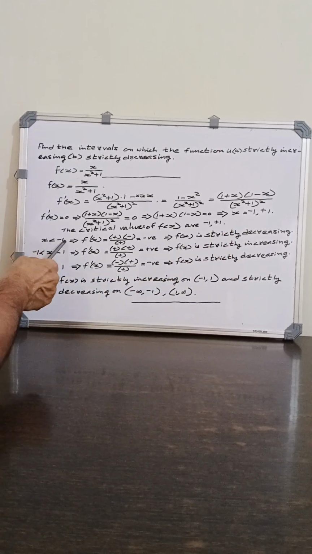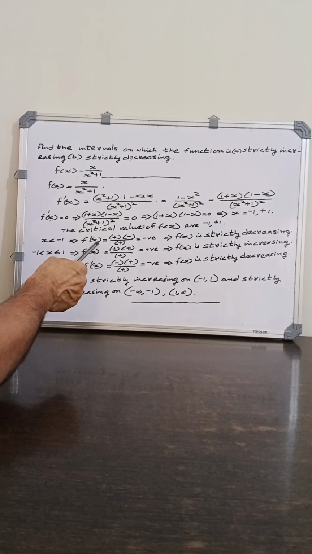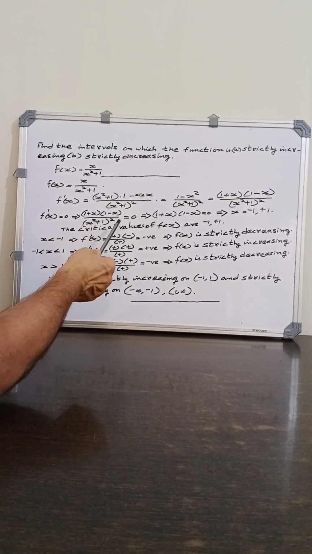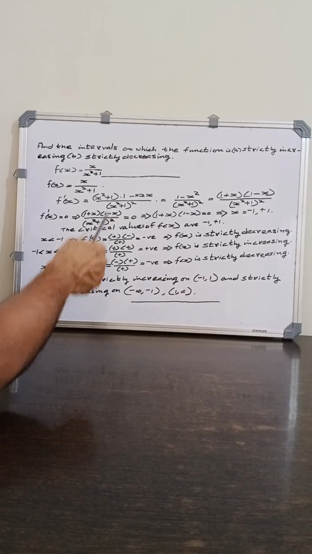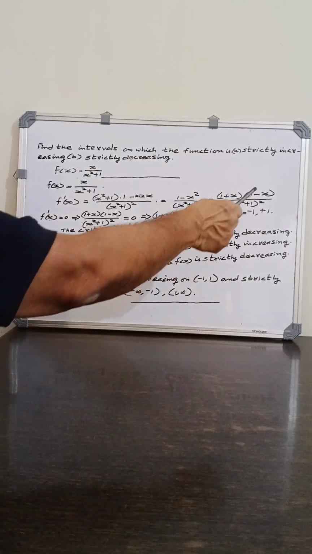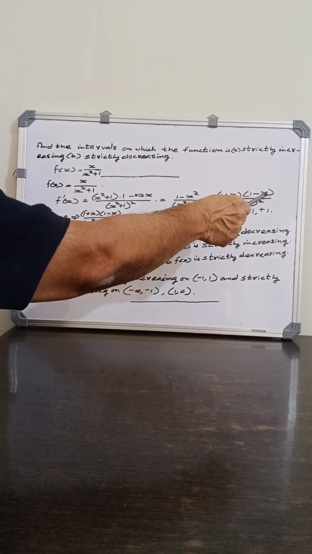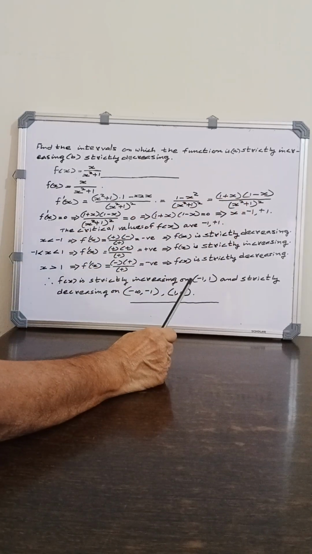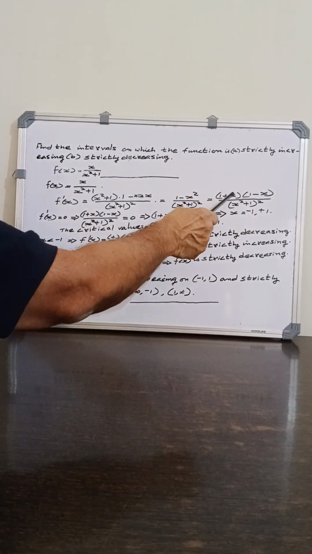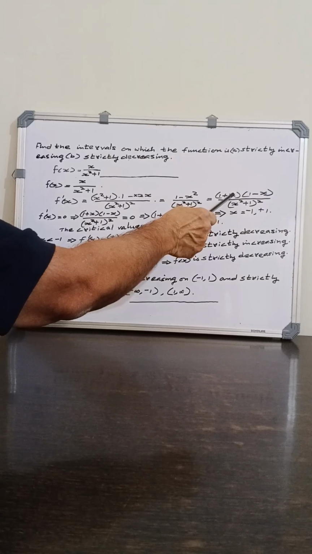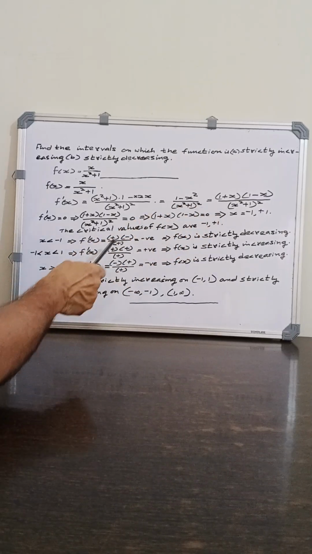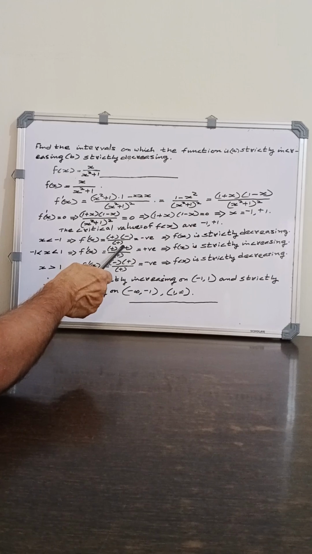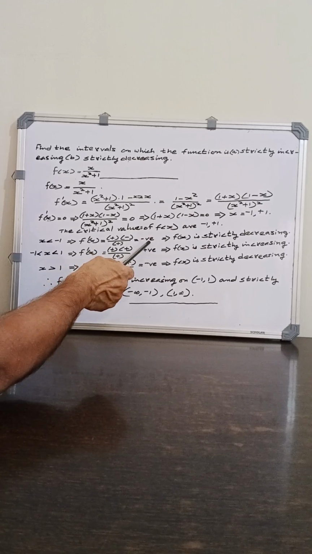Here, for x less than minus 1, f dash of x equals (1 plus x) into (1 minus x). For x less than minus 1, 1 plus x becomes negative and 1 minus x becomes positive, and negative into positive by positive gives negative.